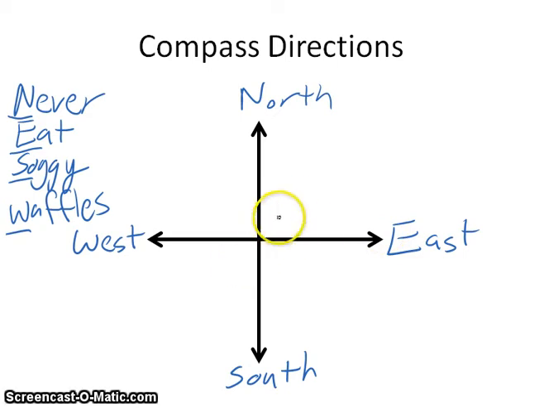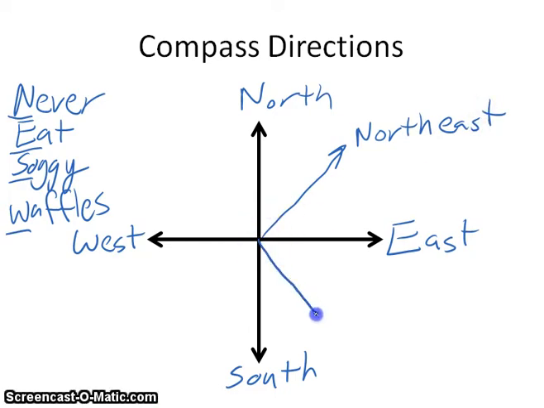In between the compass directions, we have intermediate compass directions, like north-east, which is in between north and east. South-east is in between south and east.